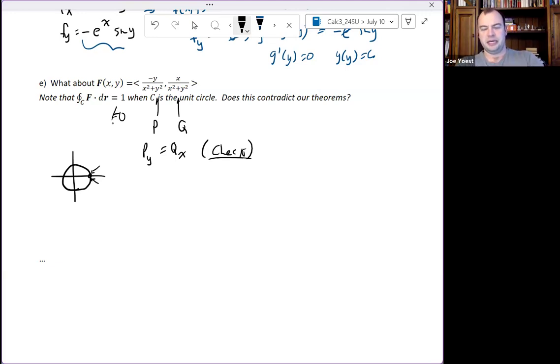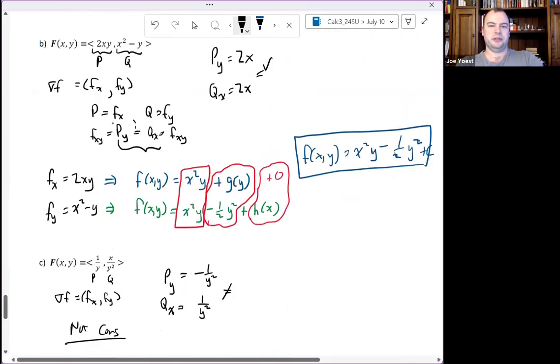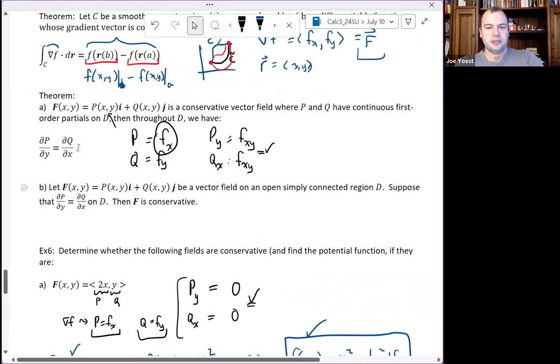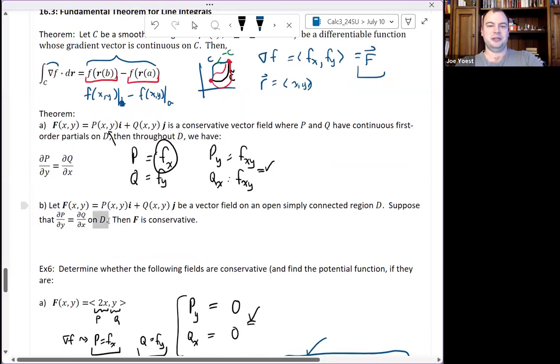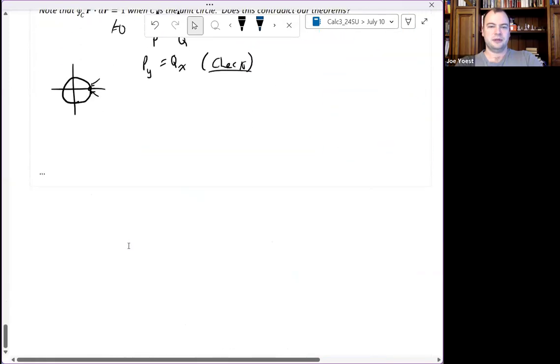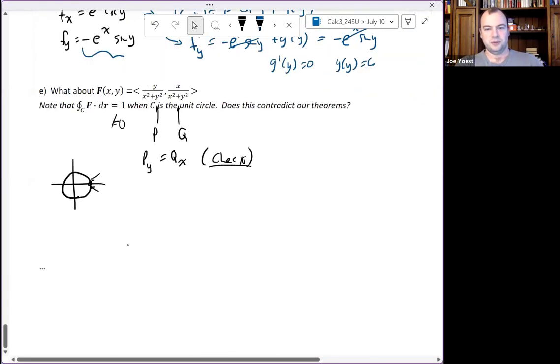Well, we're being a little bit careless, right? Note that it's an important part of the theorem that these criteria have to hold throughout some domain D. Well, what happens at 0, 0?